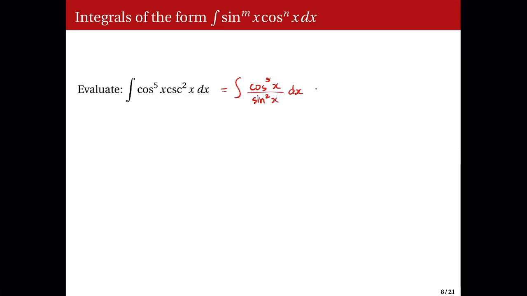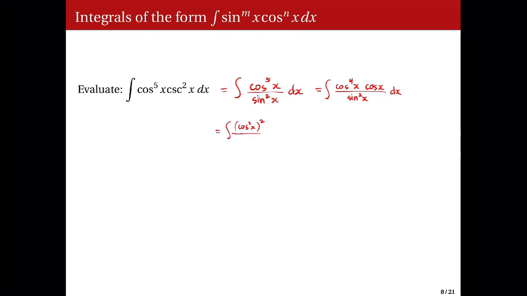What we're going to do, we take out one of the cosines. So we will have cosine to the fourth x and then cosine x. Then here we have a denominator sine squared x, and then the dx. From here, cosine to the fourth x, we'll just write as cosine squared x squared.